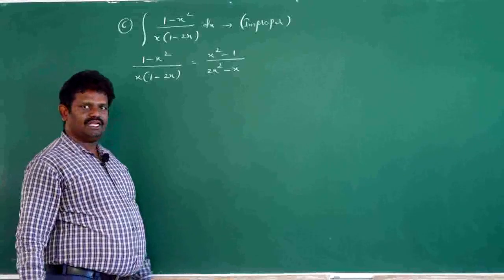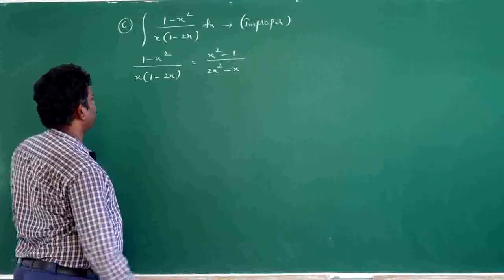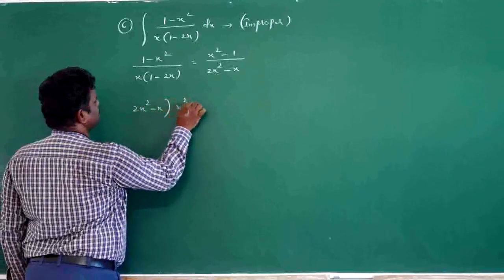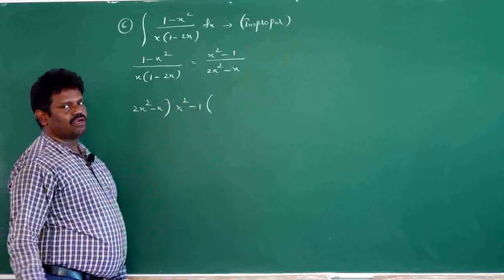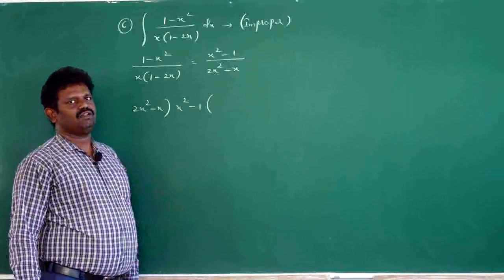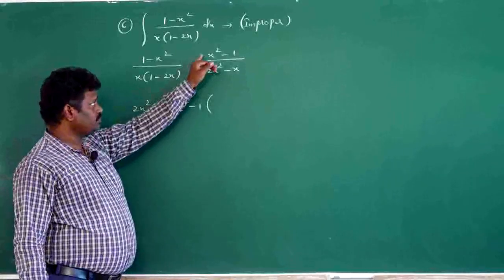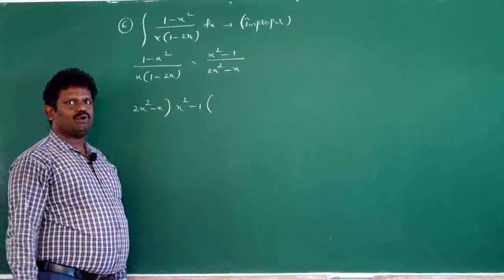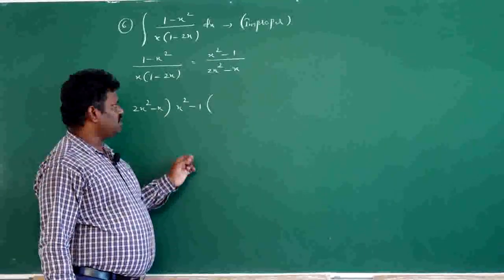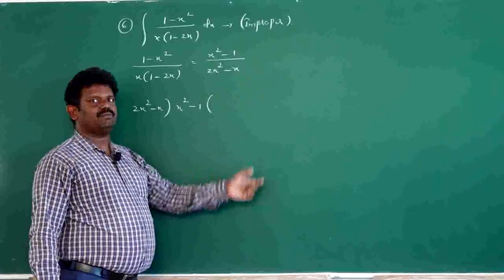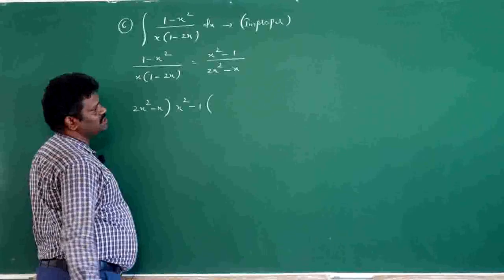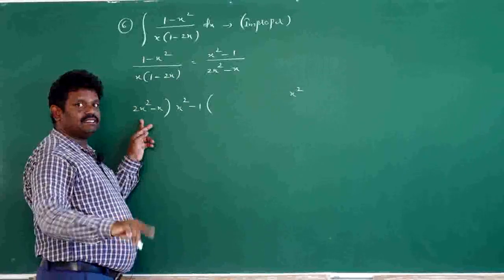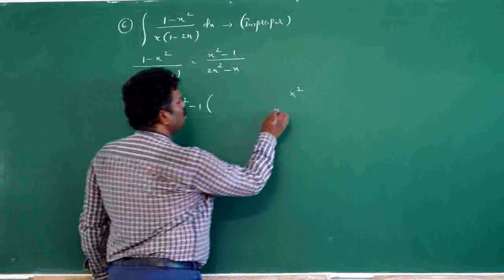Now we are applying the division: 2x square - x divides x square - 1. You already know this process, dividend and divisor. First we take the highest power term in the dividend, x square, divided by the highest power term in the divisor, 2x square.